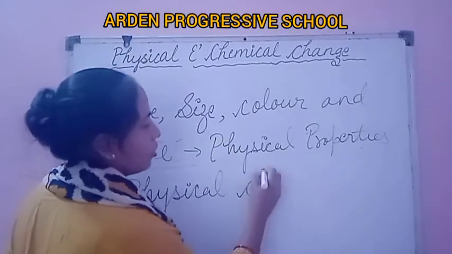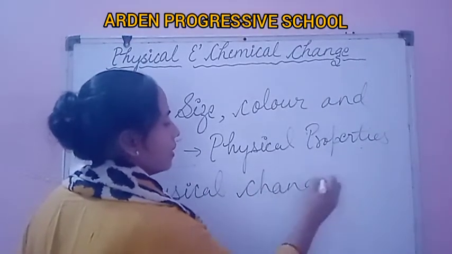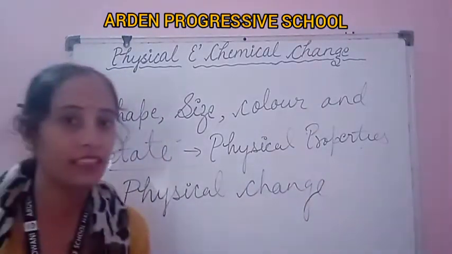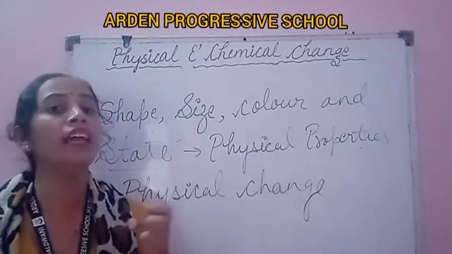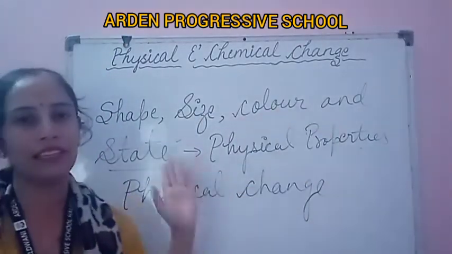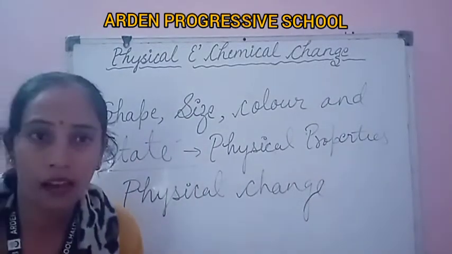Now I hope you understand what a physical change is. So physical change is the change in the physical properties of the object. Clear? So these are the physical properties in which the changes take place.